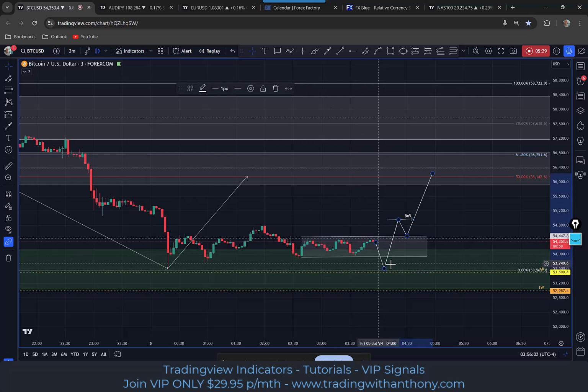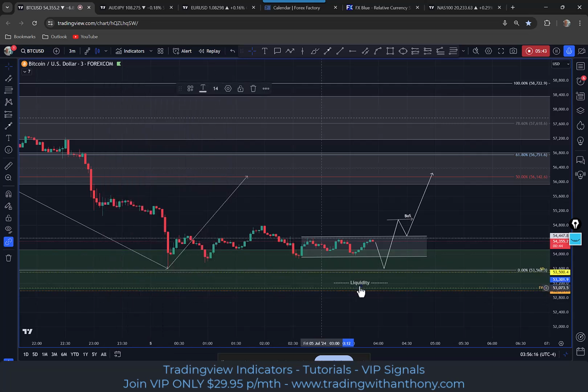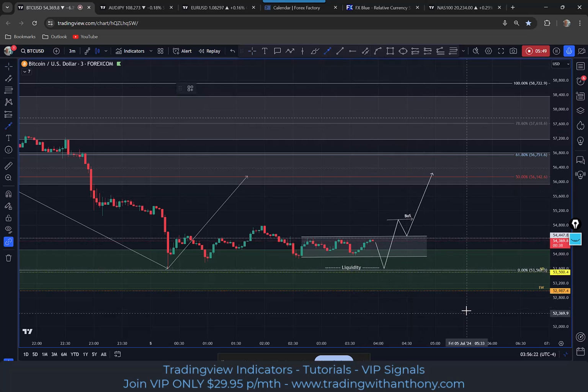I want to see him take out liquidity under this range here. Let's just mark that up. Actually, I've got it on my saved markups. Yeah, a dip down into here, and it coincides with this dotted line, a previous daily high or low, and then we've got this previous weekly, the orange line.